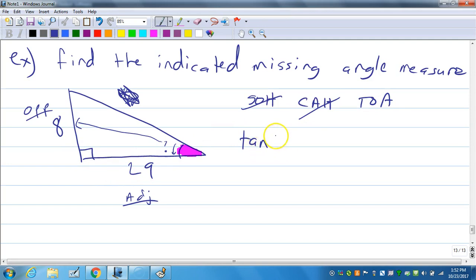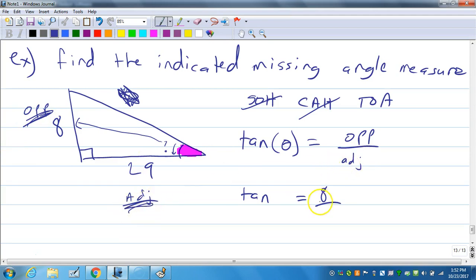So the tangent of my angle is O, which is opposite, over my adjacent. Alright? So tan is equal to O, what's my O? O is 8 over my adjacent, which is 29. And remember, if I had an angle here, I would be done.